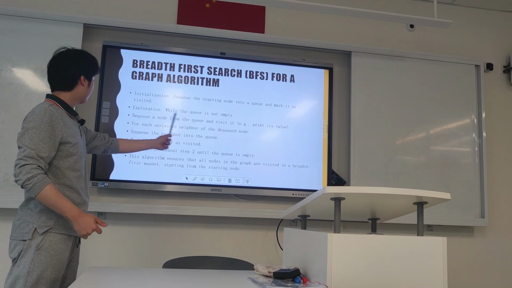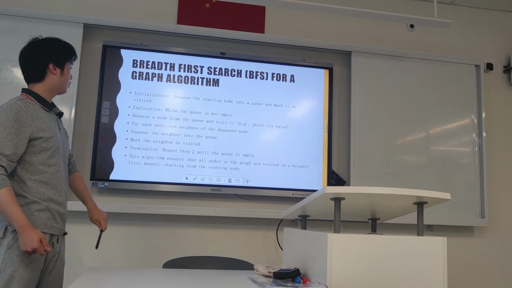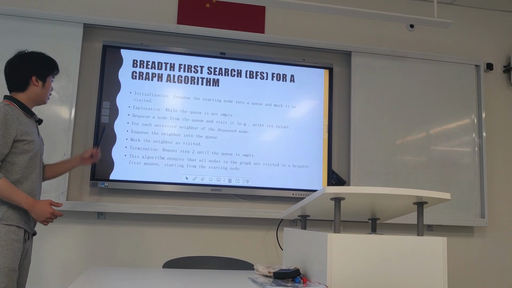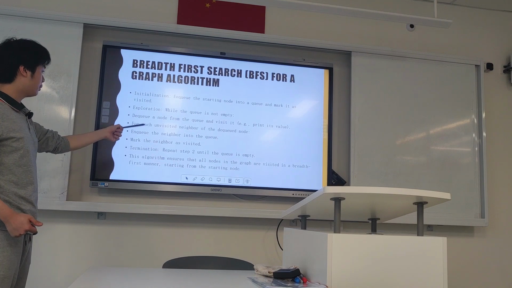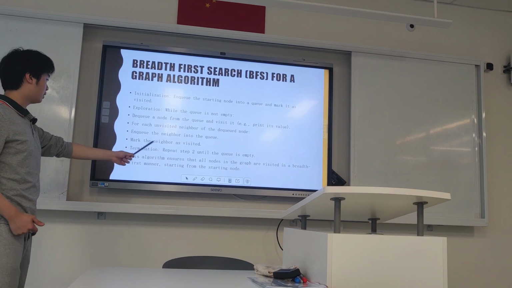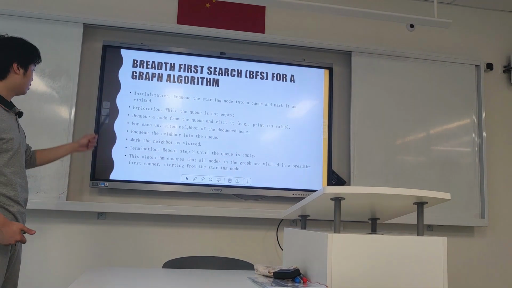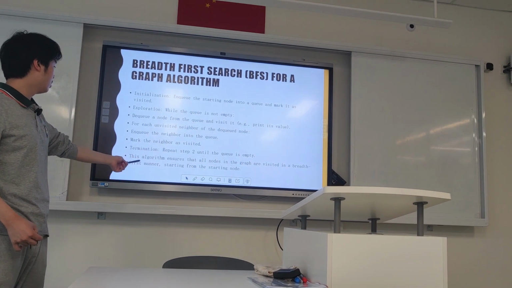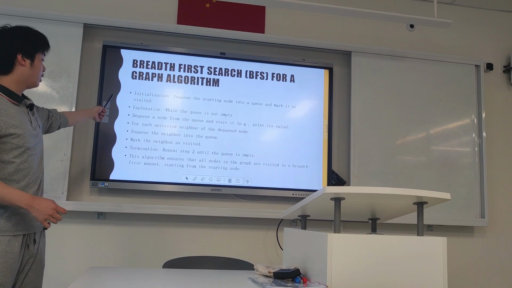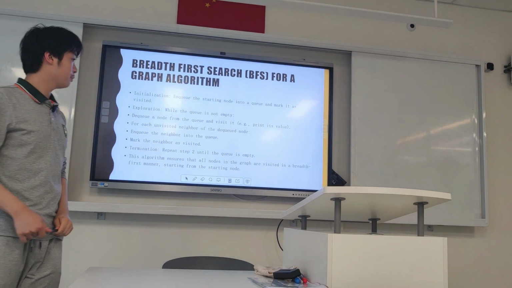While the queue is not empty, we'll dequeue a node from the queue and visit it. For each unvisited neighbor of the dequeued node, we'll include the neighbor into the queue and mark the neighbor as visited. And for the termination step, we'll repeat step 2 until the queue is empty.